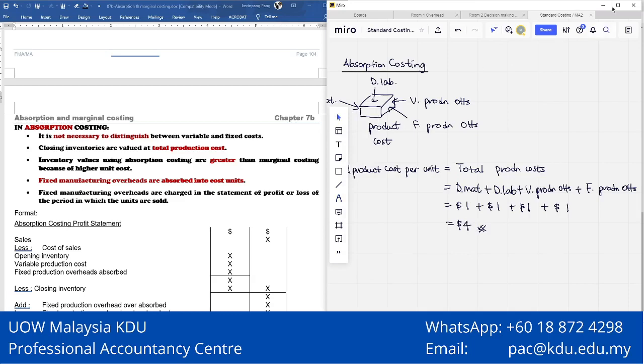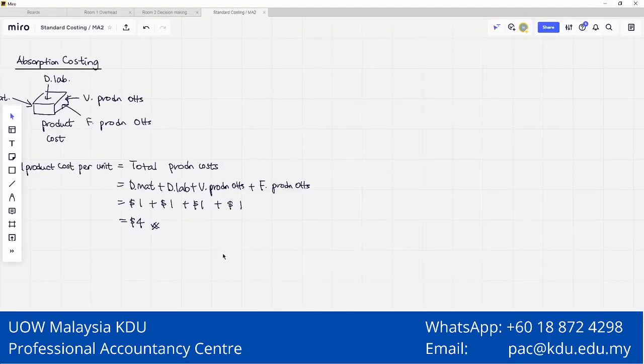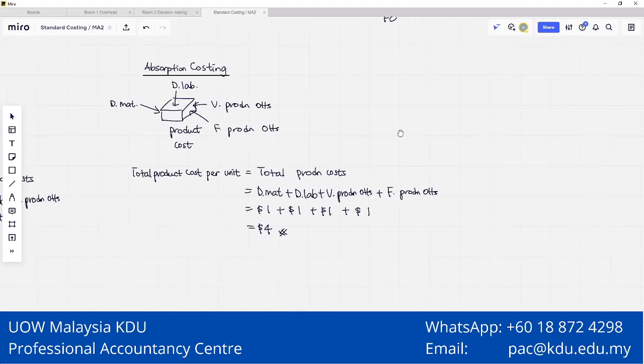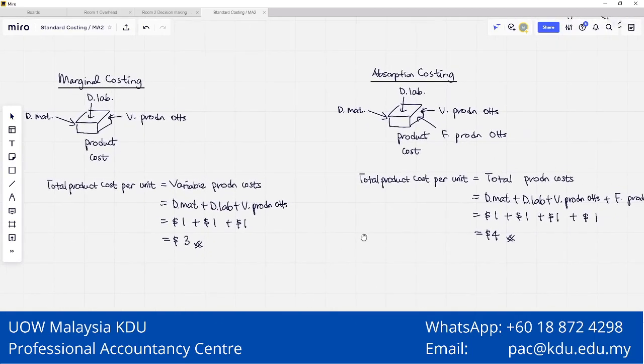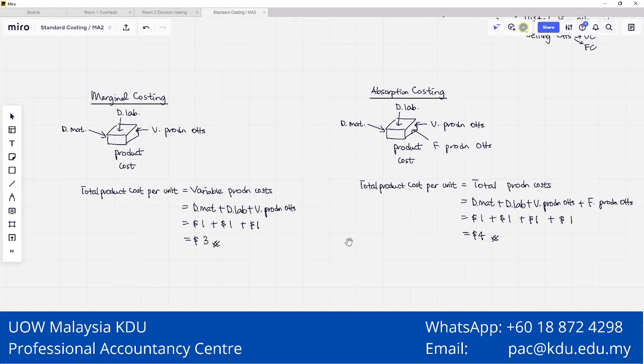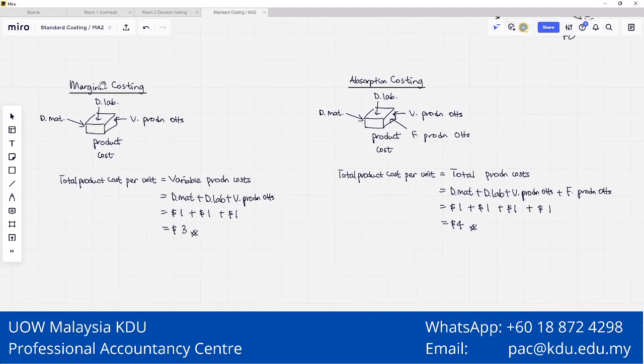I make it bigger for you to see both. You can see the difference between marginal costing and absorption costing. Under marginal costing, when I calculate the product cost per unit, I can only take variable production costs: direct material, direct labor, and variable production overhead.